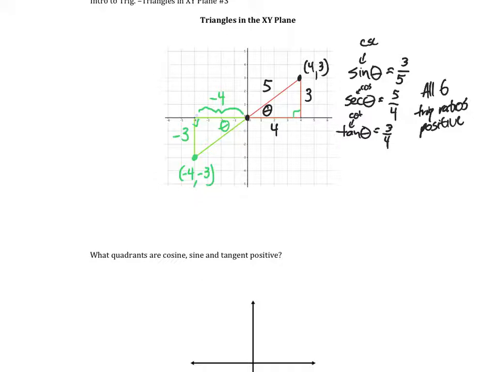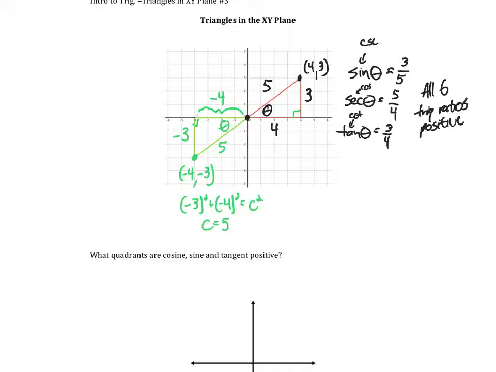However, if I did Pythag here, guys, if I did -3 squared plus -4 squared equals c squared, c would have to be a positive value. So notice in the 2 triangles, even though the legs have different signs, their hypotenuses are the same.